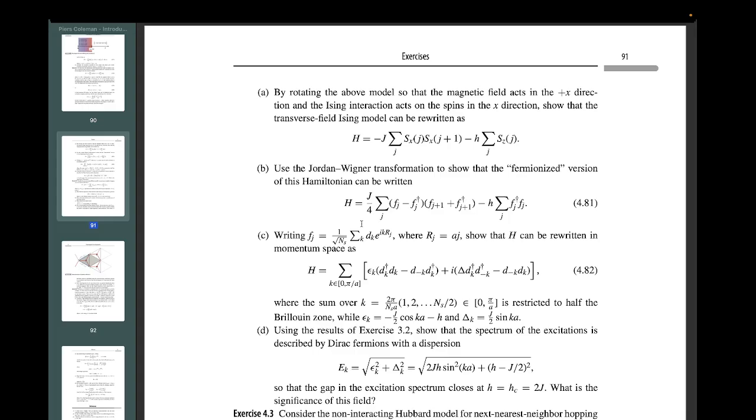I write S_j plus as this, F_j dagger e^{i phi_j}, plus F_j e^{-i phi_j}.